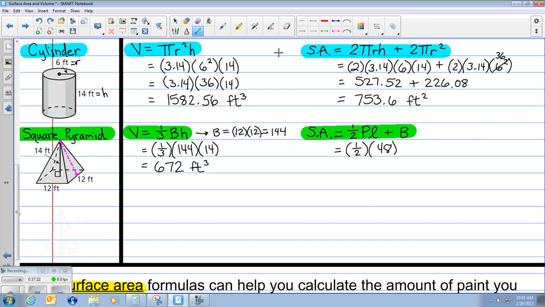And they did not give us that in this problem. There is a way using some 8th grade math to figure it out, but I'm just going to tell you that it's roughly 15 feet. It's actually a little bit more than 15 feet, but 15 is close enough for our purposes. So the slant height is 15, and then we have to add capital B, which we already figured out over here is 144.